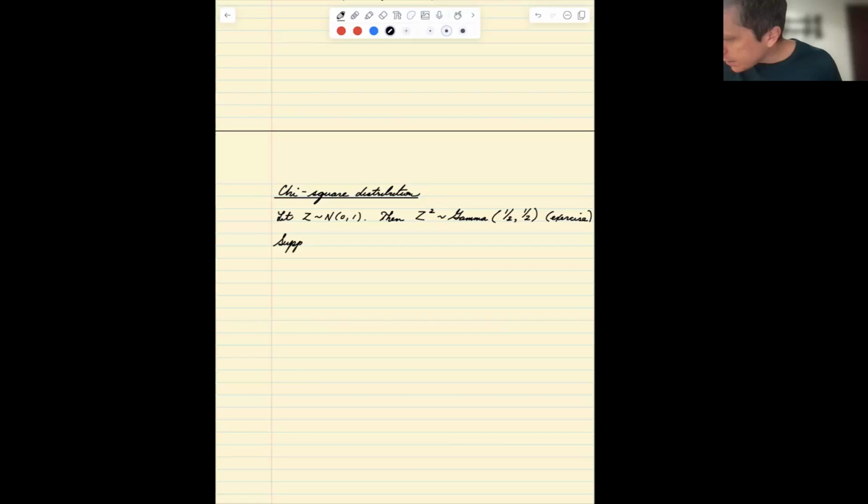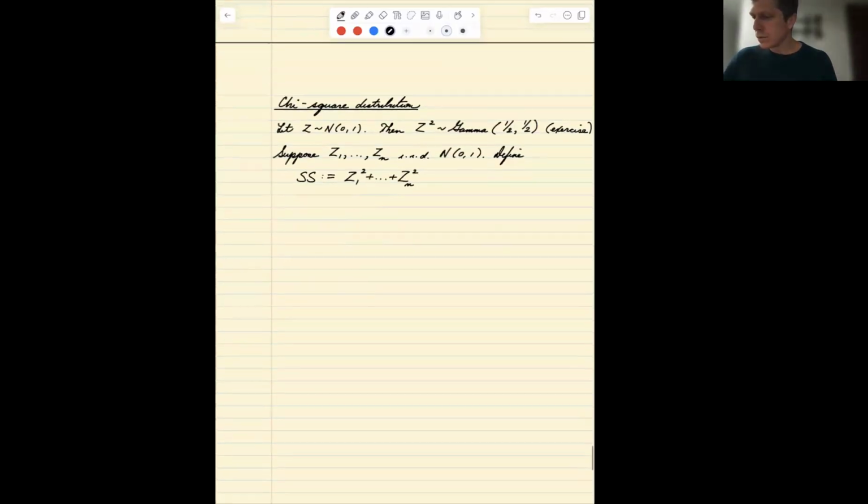So now let's suppose Z1 through Zn are IID normal 0, 1. And we define a random variable called SS, which stands for sum of squares, as the sum of the squares of these IID normals.